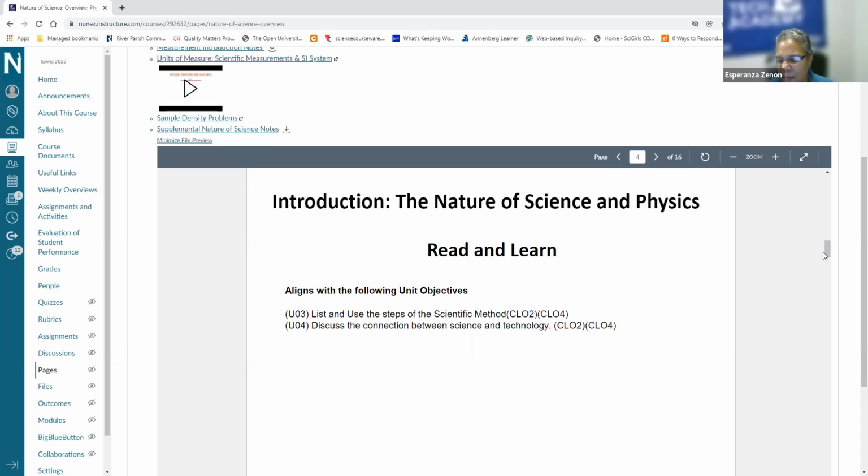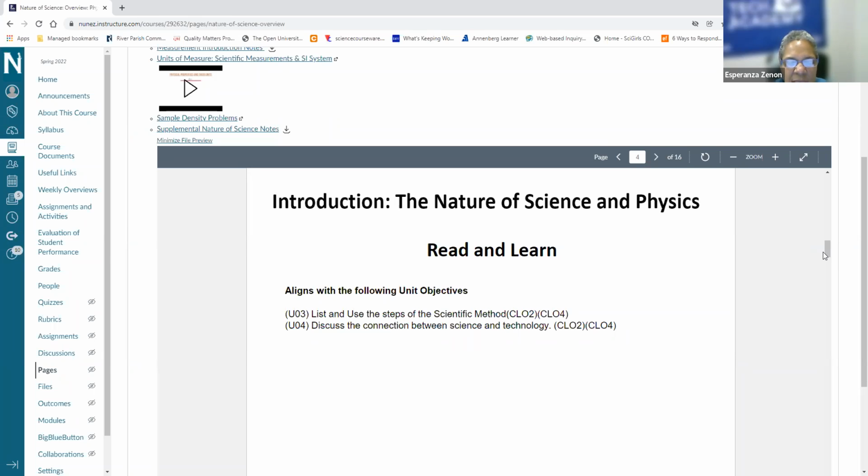So this body of material is pretty straightforward, because what it does is establish the foundation for how we develop the knowledge that we have of our physical environment.